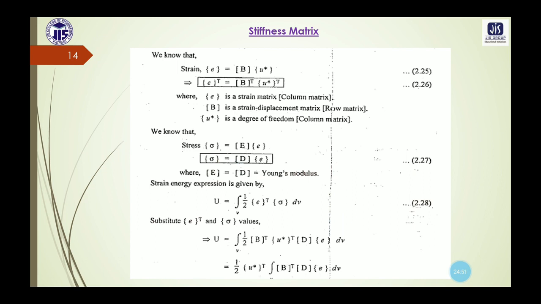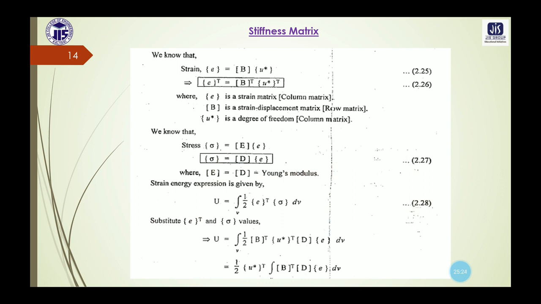We can represent Young's modulus as the matrix D. Now the strain energy expression is given by U equals the integration over volume V of half strain matrix transpose and sigma multiplied by dV.